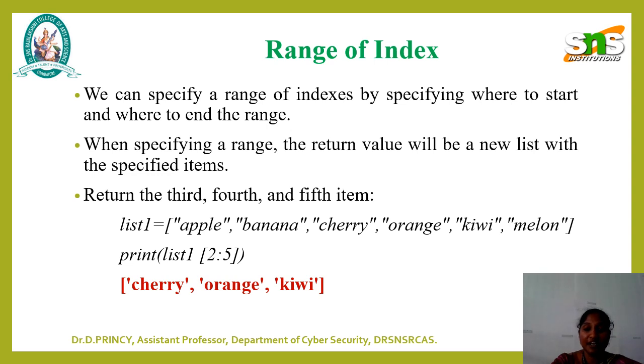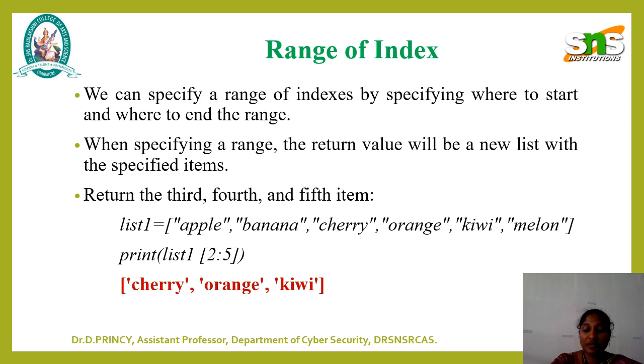It is not a single value. It will create an output as a new list with the specified items. For example, the list has 6 items: apple, banana, cherry, orange, kiwi, and melon. Suppose I want only the items cherry, orange, and kiwi, that is the third, fourth, and fifth item. I can use the range.